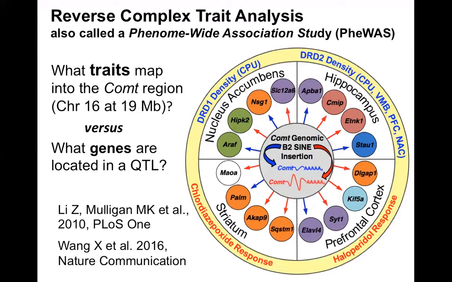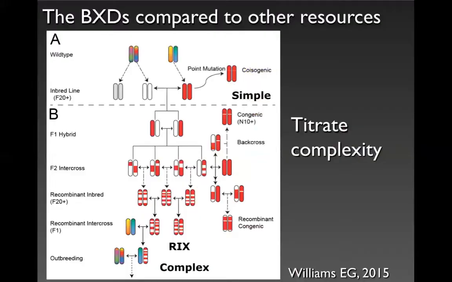We need to collect as much data as we can for our family. And by the way, in this figure, I've got these little blue and red arrows. Those are simply correlation coefficients, in this case, between the genotype at COMT and the expression level of the genes or the response to pharmacological agents like haloperidol.